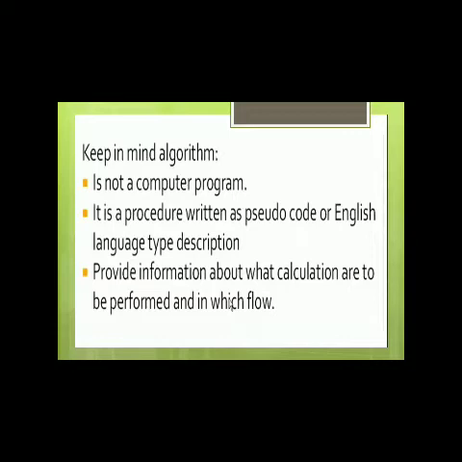Now sometimes it can happen that if you have made a program on the algorithm you have made, it may run and it may not run. In that case, we have to change our algorithm. It means that the algorithm which we have made is not correct or is not in proper order, or some step is missing in that.